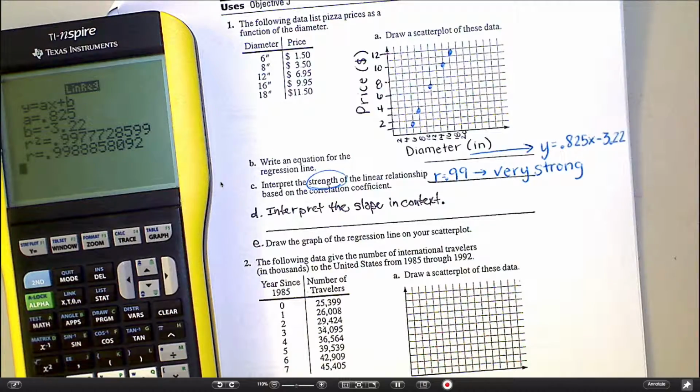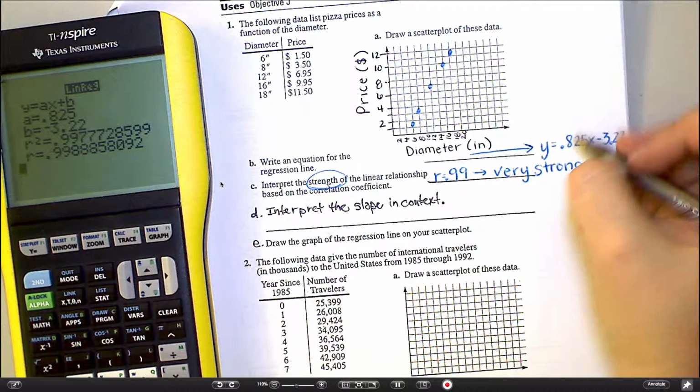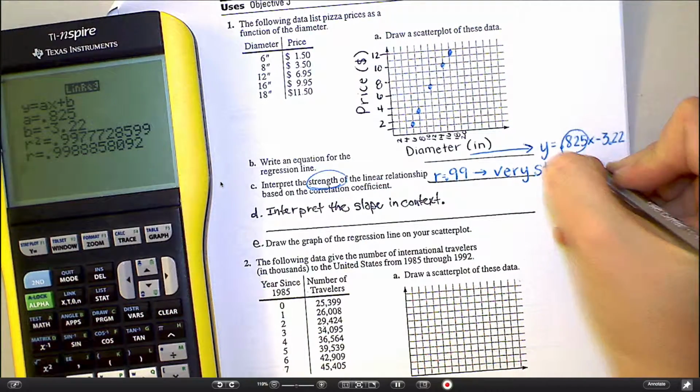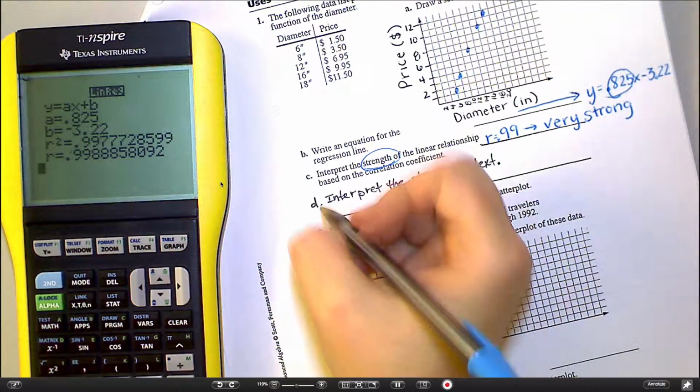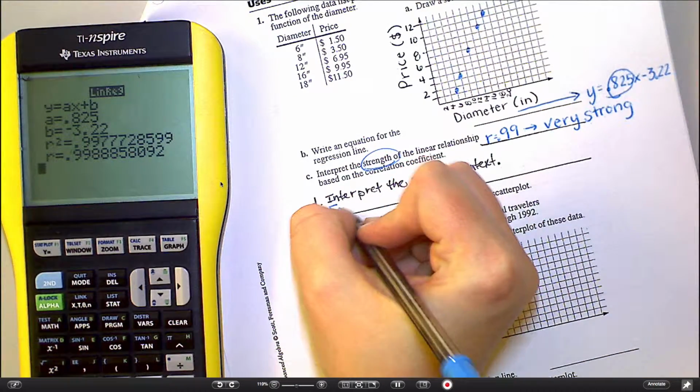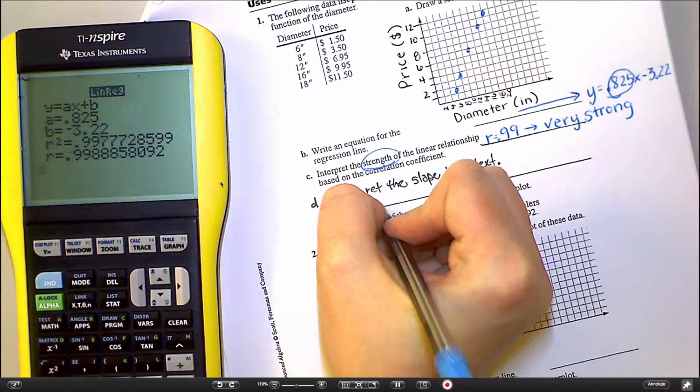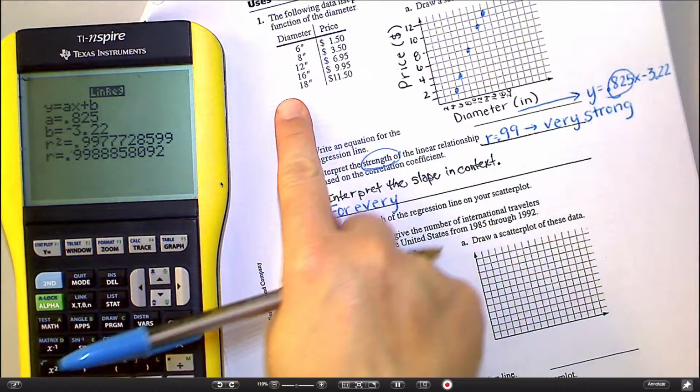Okay, interpret the slope in context. This is now going back to your equation and specifically the slope number. Remember, the slope is like your M, okay? And I want to know, what is that 0.825 telling me? And we talked about the layout of this sentence yesterday. So this would be for every one of my X values, so that's the diameter.